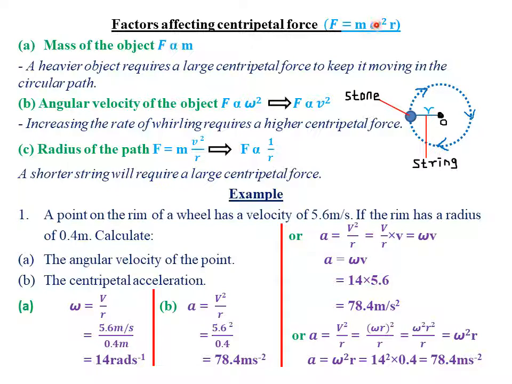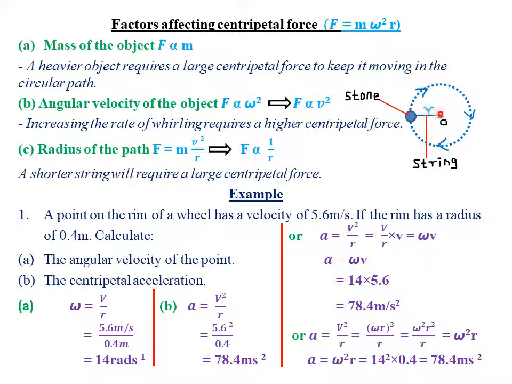The second factor is simply the angular velocity of the object. So from this formula, you can see that centripetal force and the square of the angular velocity are directly proportional to one another. If force is directly proportional to the square of angular velocity, that simply means that force is also directly proportional to the angular velocity. Therefore, increasing the rate of whirling requires a higher centripetal force.